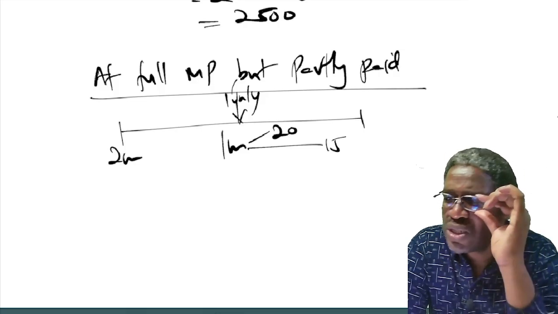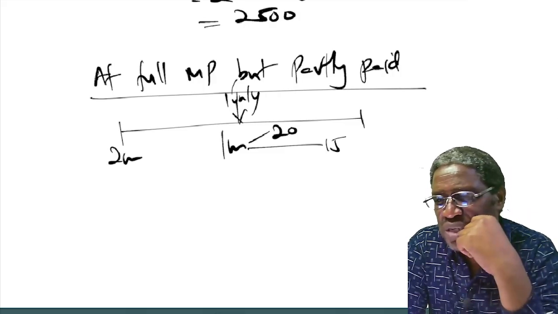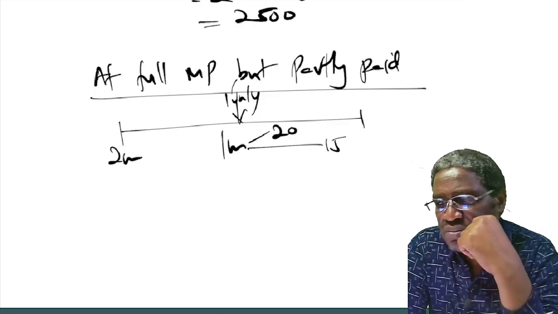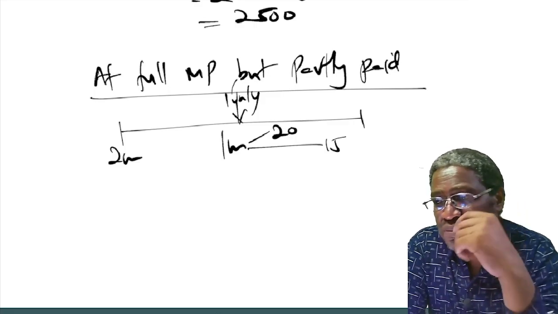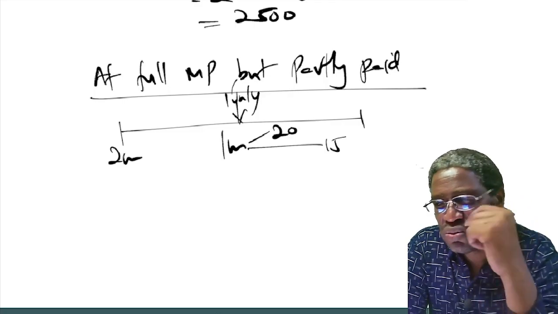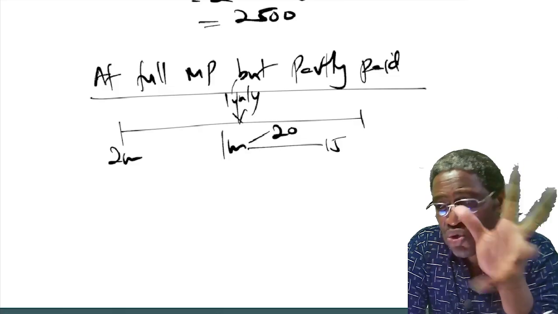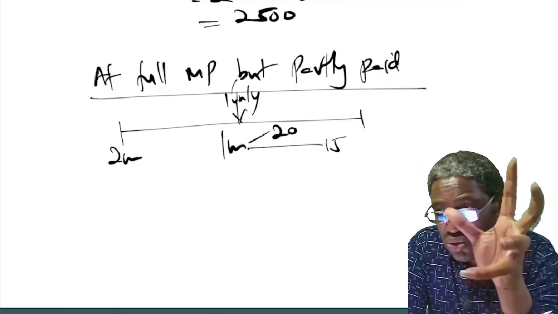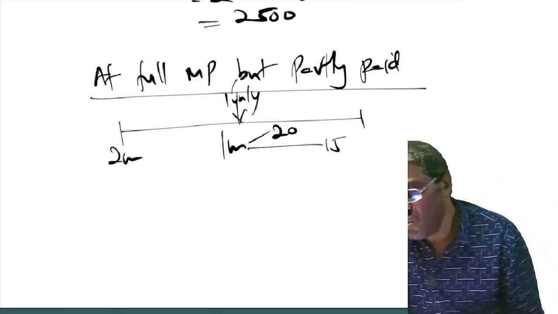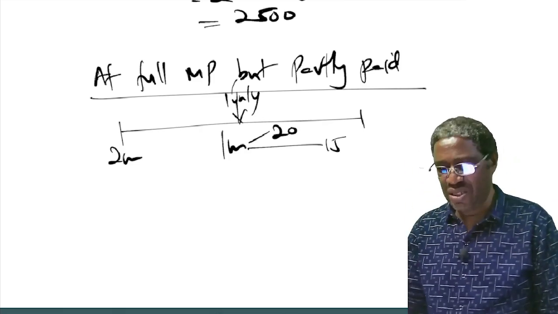Okay? So what is the rule when it comes to shares being issued at full market price and partly paid? Somebody chat. Just give me 1 or 2 words, I'll be able to know. What is the rule when shares are issued at full market price and they are partly paid?